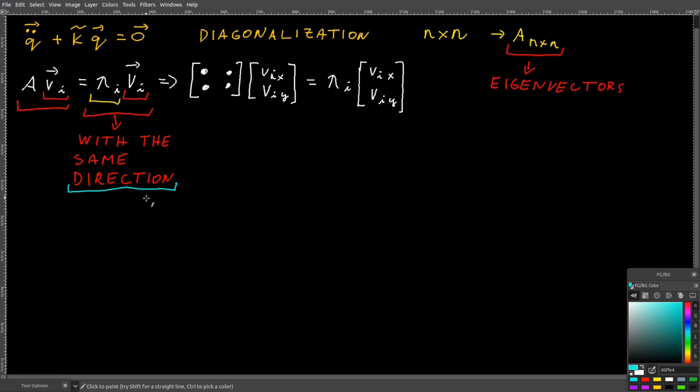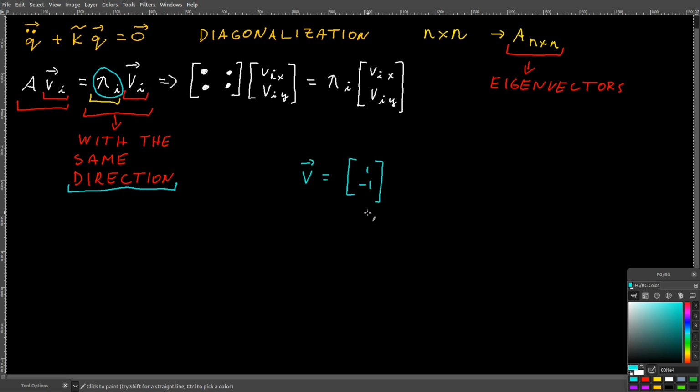And this is the key, the direction. That's why eigenvectors are special. This eigenvalue here is a scalar. It scales this eigenvector, but it doesn't change its direction.